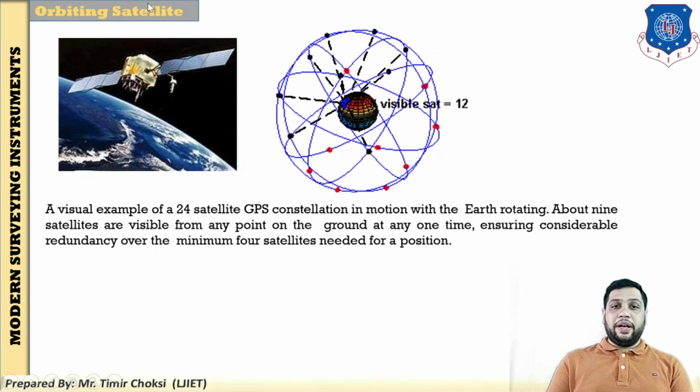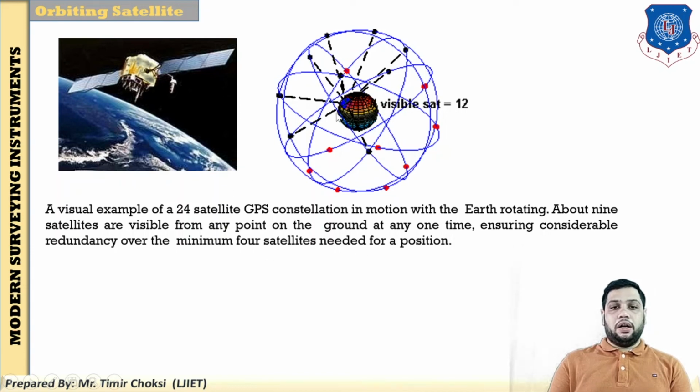Now, orbiting satellites: a visual example of the 24-satellite GPS constellation in motion with the Earth rotating. About 9 satellites are visible from any point on the ground at any one time, which is considerably more than the minimum of four satellites needed for a position.